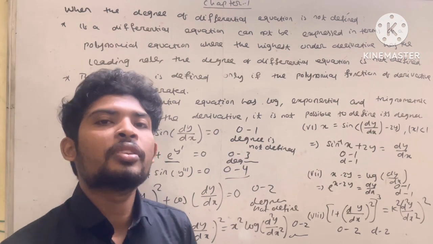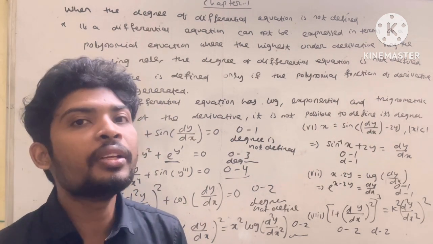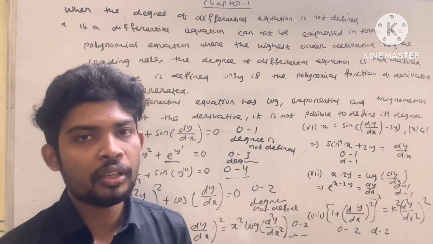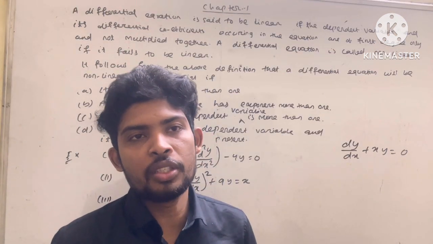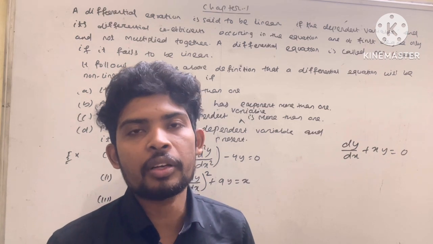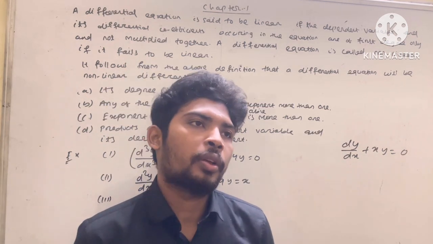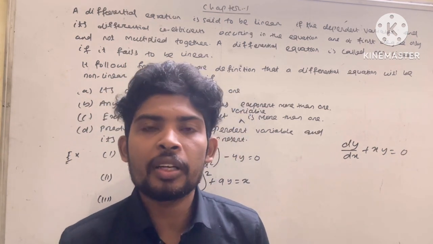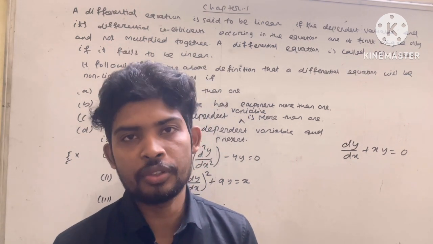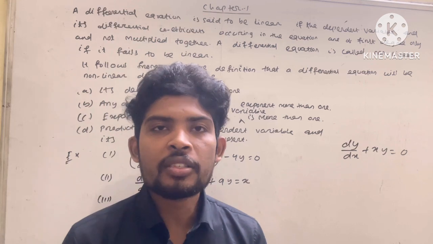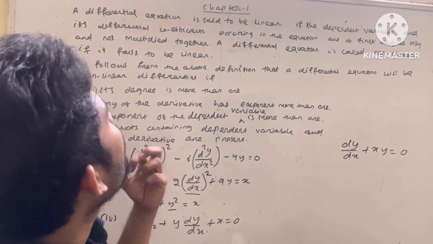Let's classify differential equations on the basis of linear and non-linear. First of all, we have to understand the definition of a linear differential equation and of a non-linear differential equation.